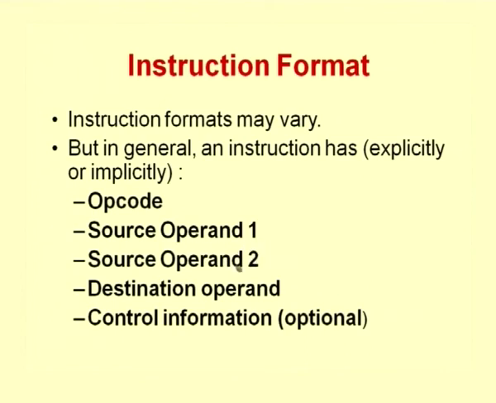Maybe there are 2 operands, and then the destination operand, and then some control information which may be optional. In general, any instruction would have place for all these different factors. Again, some of these may be specified implicitly, that is, implied, not specified explicitly in the instruction. That is a possibility. But in general, you know that these things should be there.